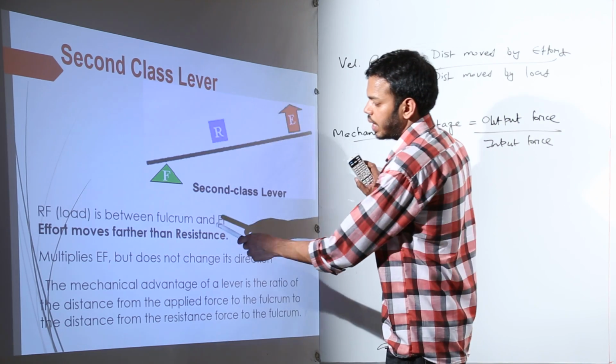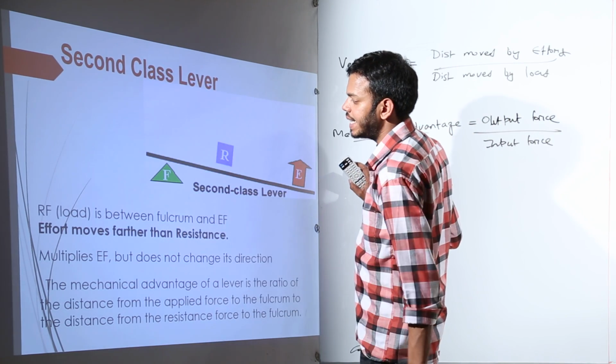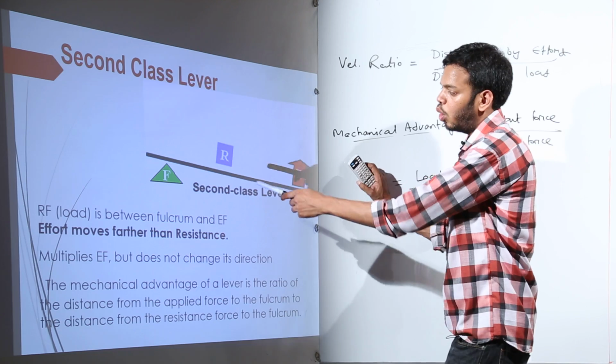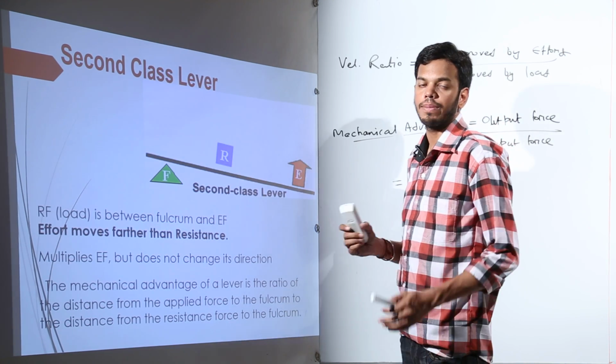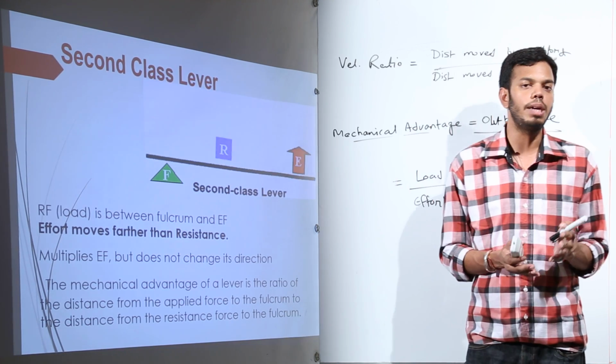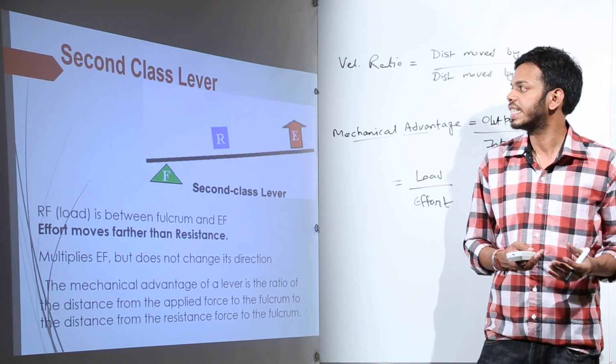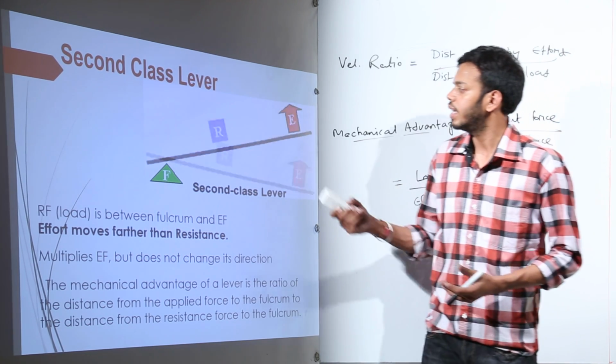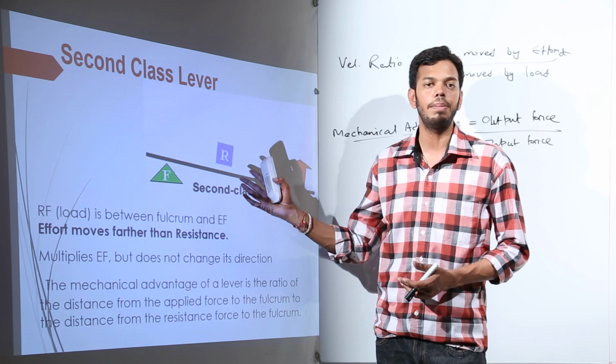See, now effort moves farther than resistance when the load is between fulcrum and effort arm. So this is your key point to remember, whether it is a second class lever or not, where the load will be between fulcrum and the effort.